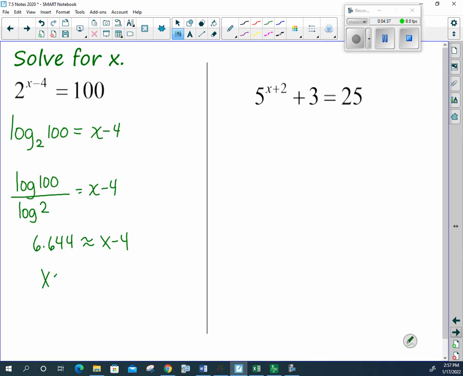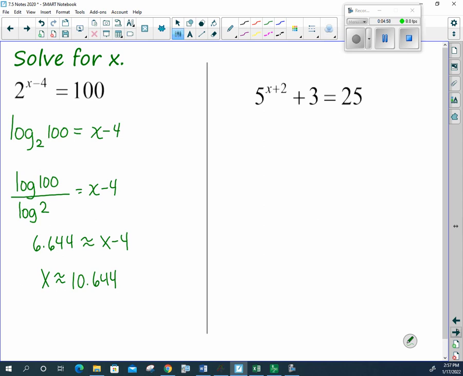And so my answer is 10.644 about. So you could go to 2 decimal places, guys, if you want. I'm just going to 3. The more decimal places you go, if you go back and check your work, like if you want to put it back in to check it, the better your answer will be. But 2 decimal places is fine.